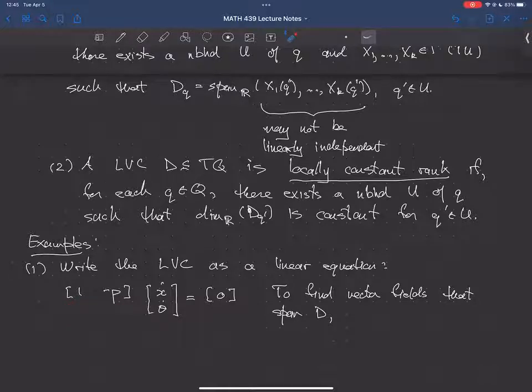So now we're back in first year linear algebra, solving linear equations, but in these particular cases they're very simple. So we find a basis for the kernel of the coefficient matrix.